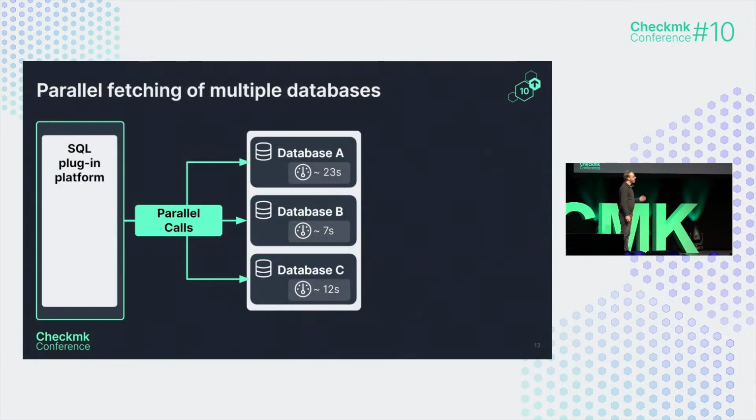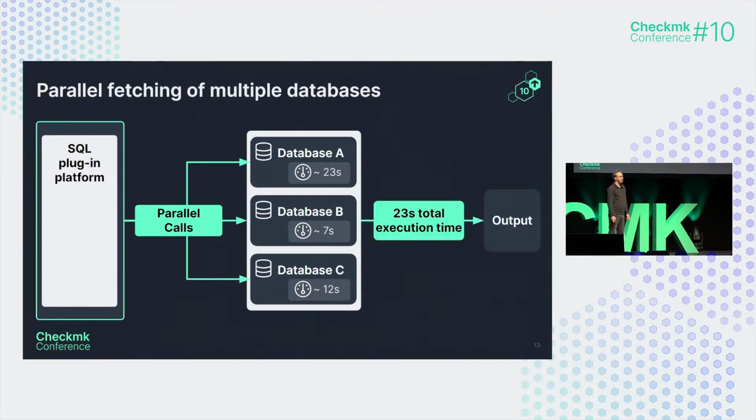Another new part is the parallel execution of SQLs on several databases. And this is especially of interest if you monitor different database instances on remote hosts or in the cloud. In our example here, the plugin just runs 23 seconds, as this is the longest time needed across all three.